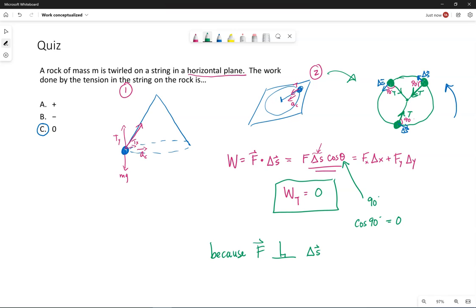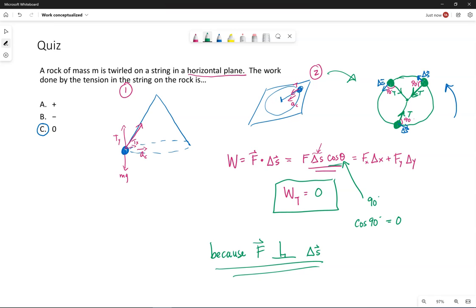So going back to what we mean by taking the dot product, we're multiplying components of the force that are parallel to the displacement. Well, the tension does not have a component parallel to the displacement. And this cosine theta term is what shows us that in the equation.